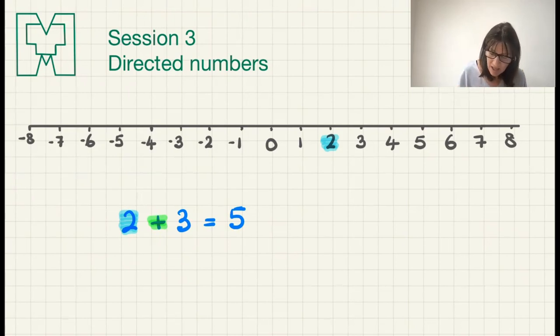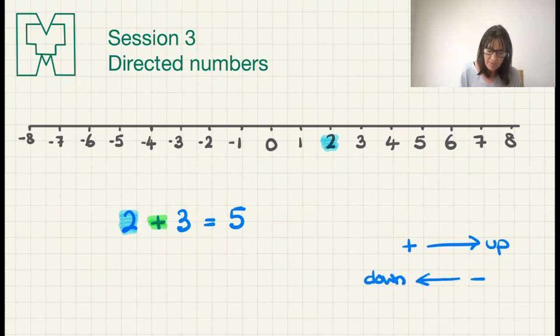If I've got a plus sign, it's directing me to go up the number line. If I've got a minus sign, it's directing me to go down. So that's directing me up 1, 2, 3 places, and that's why my answer is 5. Now we don't need to do any of that for a sum like 2 plus 3.